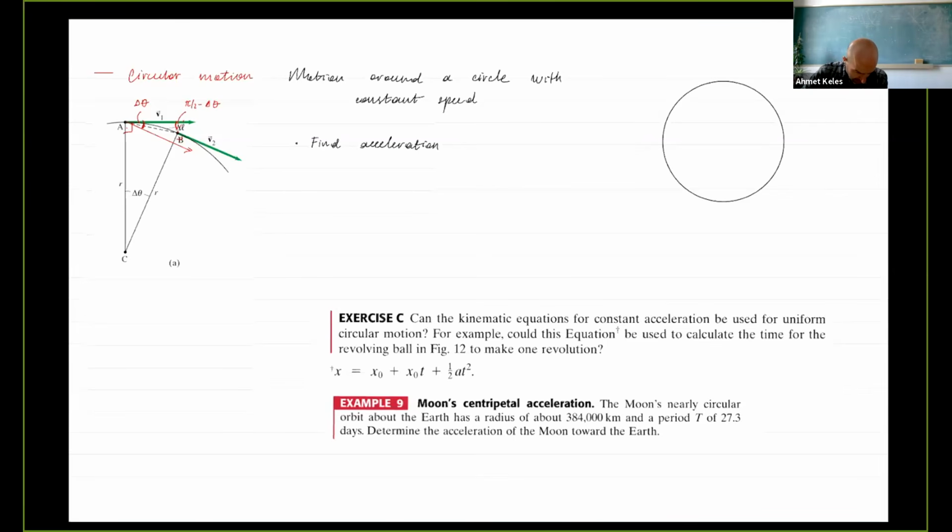Now I want to call this length delta L. Maybe I can delete this to show you what delta L is. So delta L is this amount of patch here. From geometry, delta L is equal to what? Maybe I ask you, how can I write delta L, this little patch?